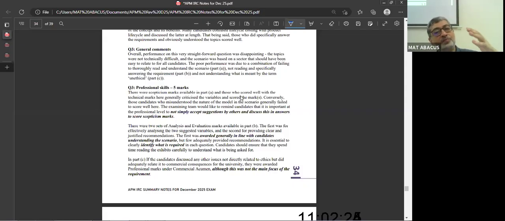So again, the same point, if you answer the question well, you are also given the skepticism marks. Conversely, those candidates who misunderstood the nature of the model in the scenario generally failed to score well here. So again, the technical part is not properly answered, so automatically the professional marks are not obtained.